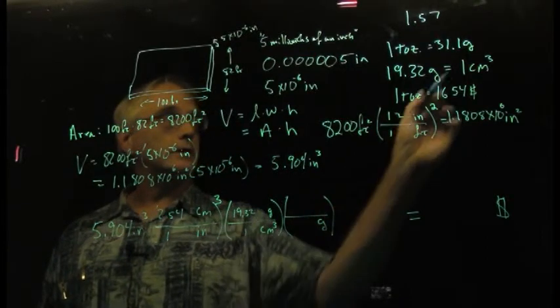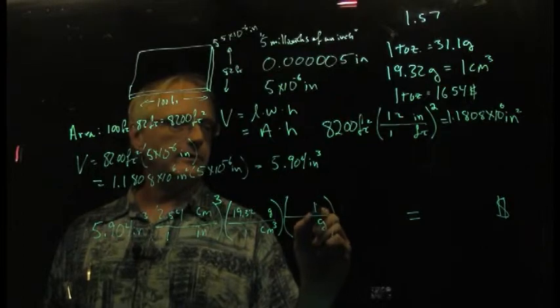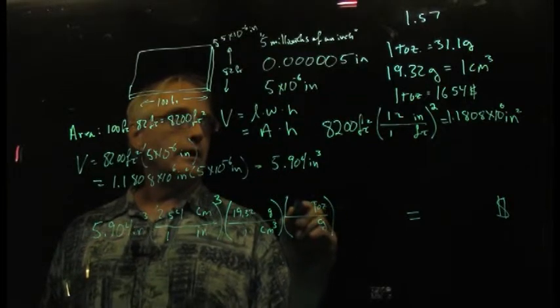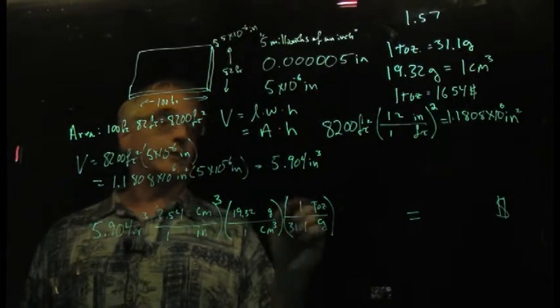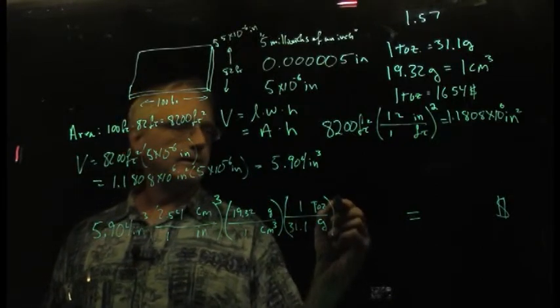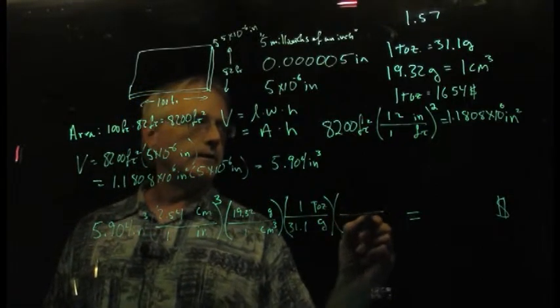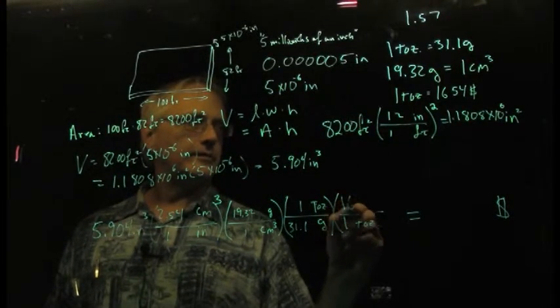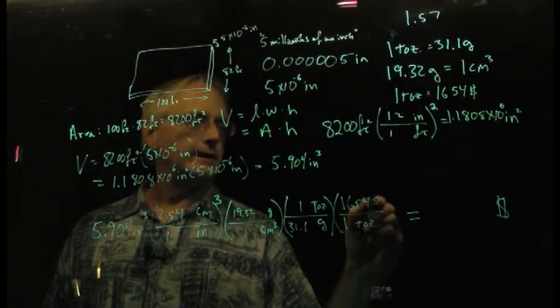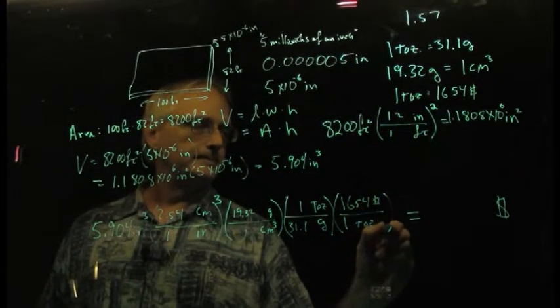Grams, I can turn grams into troy ounces. I'm told 1 troy ounce is 31.1 grams. And finally, 1 troy ounce is worth $1,654 in gold.